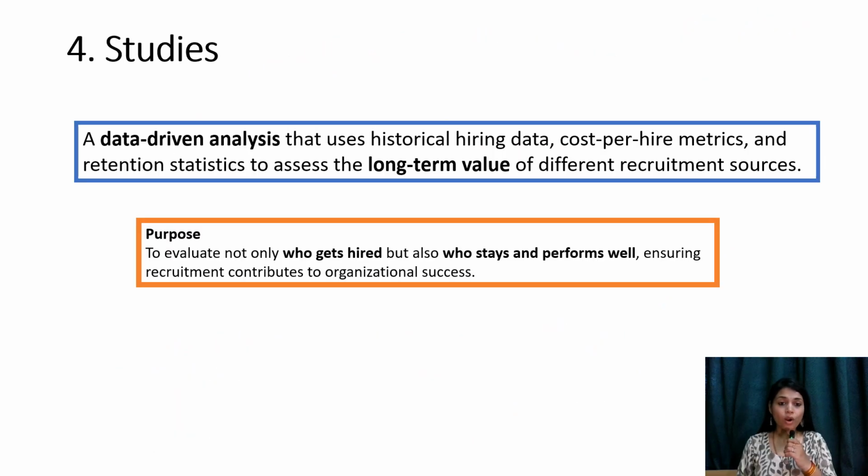The fourth way of evaluating recruitment sources is studies. This is typically a data-driven analysis that uses historical hiring data, cost per hire metrics, and retention statistics to assess the long-term value of different recruitment sources. For example, maybe the yield ratio of employee referrals was maximum, but they left the organization within 2 years.